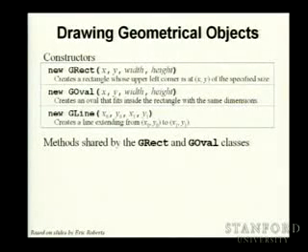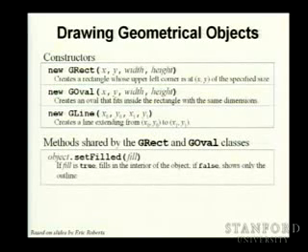There's also some additional methods that are just shared by G-rect and G-oval. They don't actually apply to lines or to labels. Rectangles and ovals can be filled, so they can either be an outline. You can either have a rectangle that looks just like this, which is an outline, or it can be filled in, which means it is a big solid chunk of stuff.